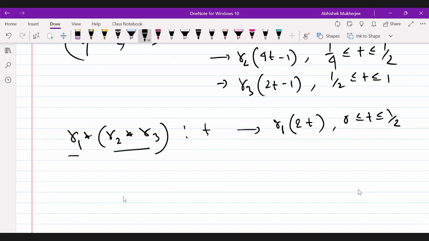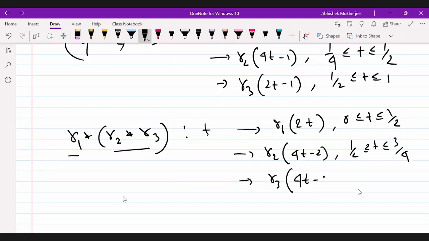And for the second part, you need to divide that interval again into two equal parts. So it will give you gamma 2, 4t minus 2, for half to 3 by 4. And this is gamma 3, 4t minus 3, for 3 by 4 to 1.